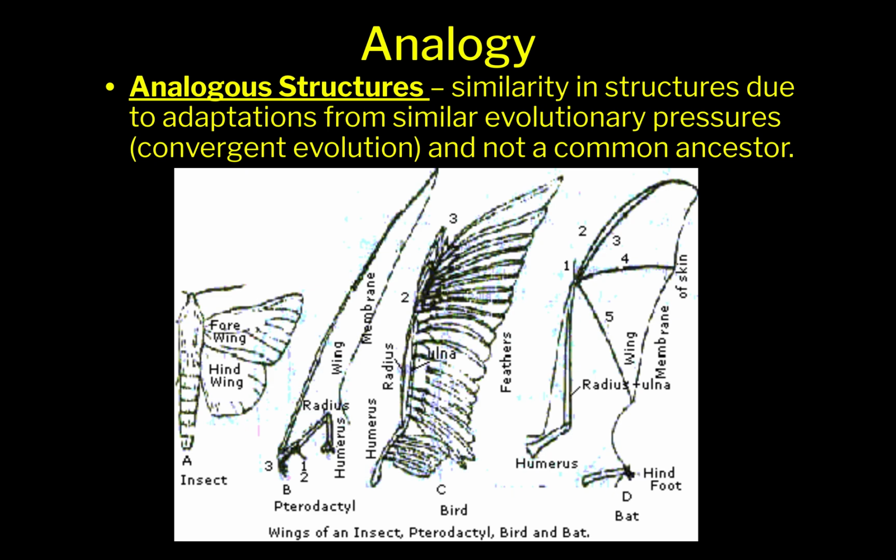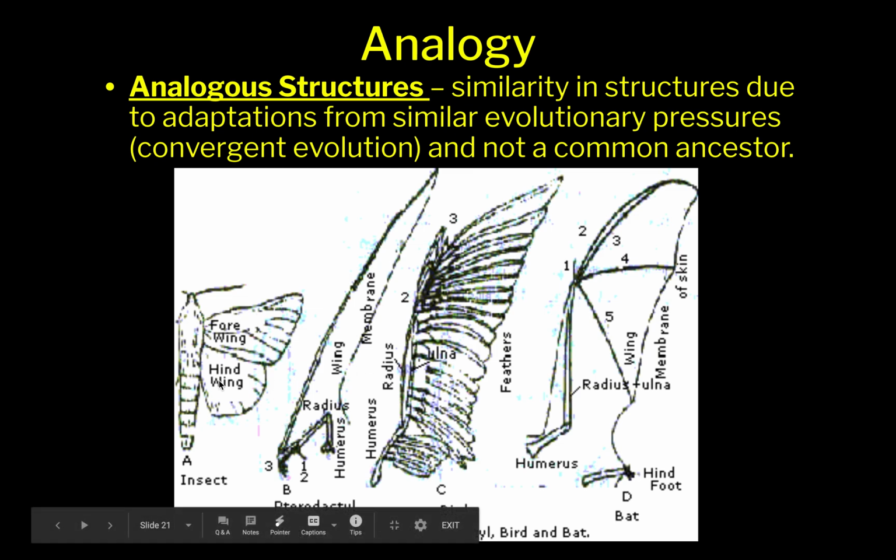One thing you might want to write down about analogous structures: all of these animals have the same function, so the function is related. They all can fly. But structurally speaking, if you look inside, their wings are not structurally the same. So this does not show relationship. My favorite one is looking at an insect's wings.